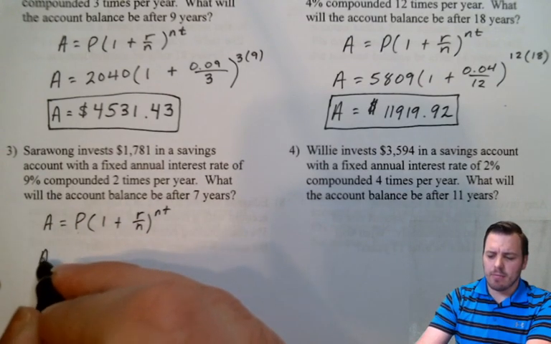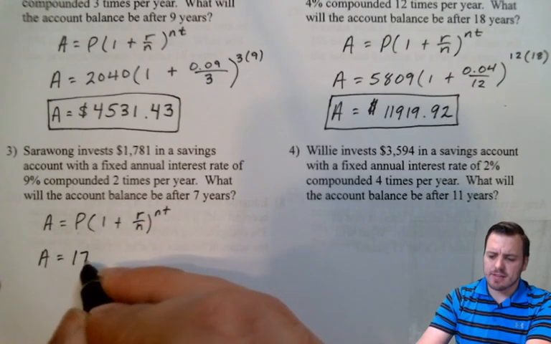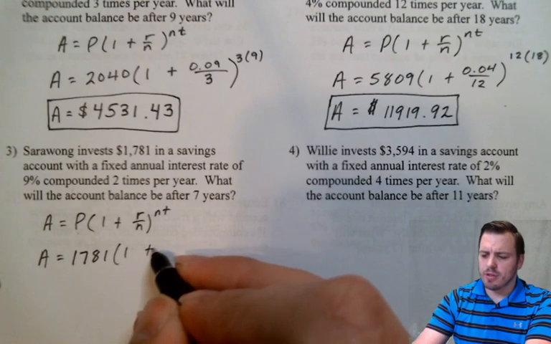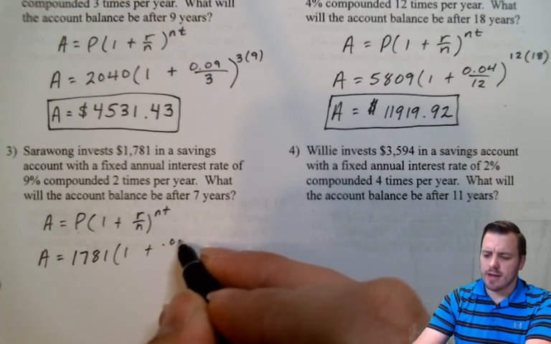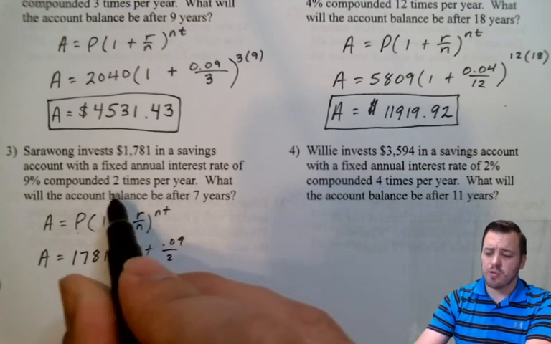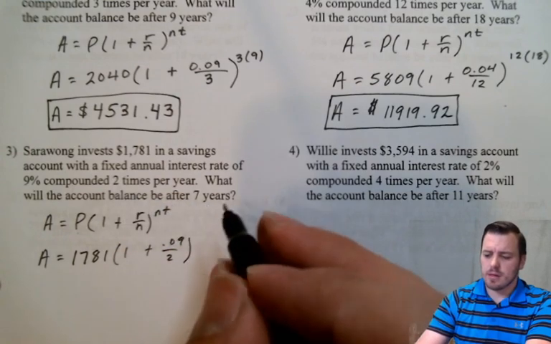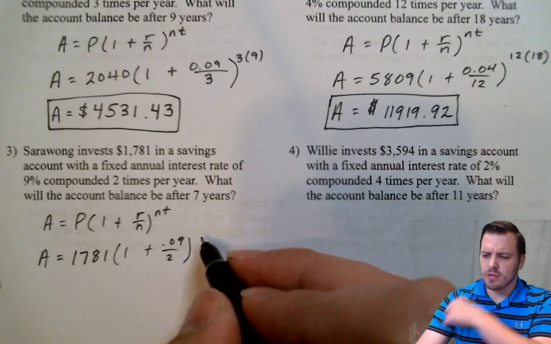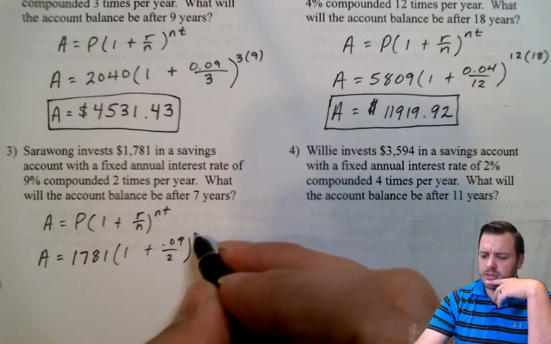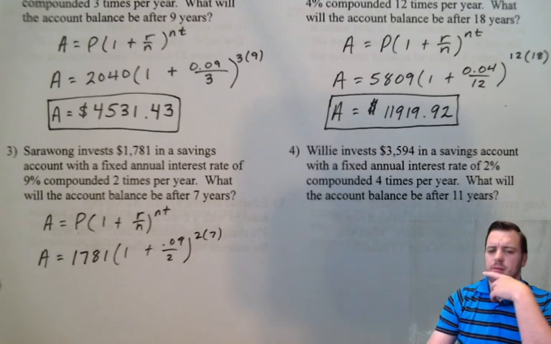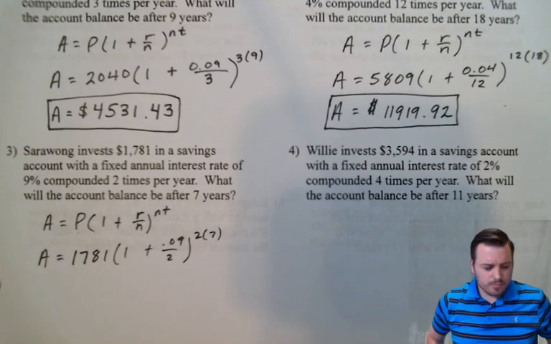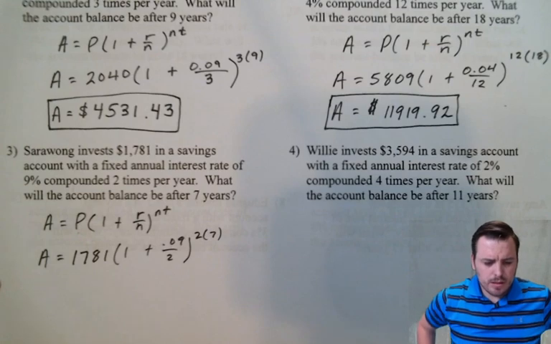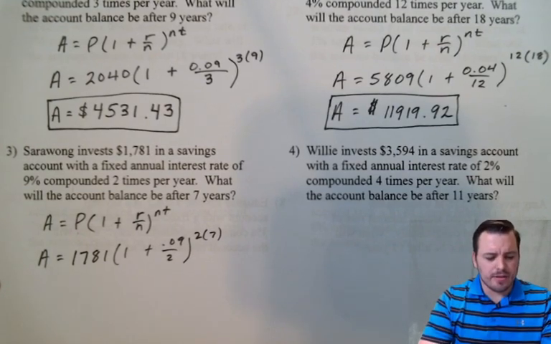The amount is equal to $1,781 times 1 plus the rate of 0.09, and it's compounded twice. And the N, which is our compounds, is 2 times 7. Someone type that into their calculator and then give me the answer.